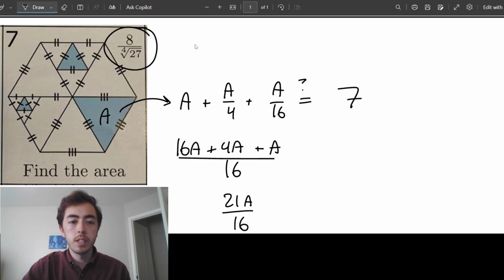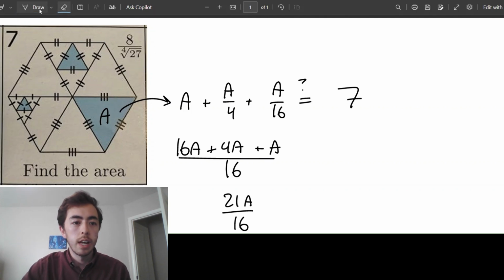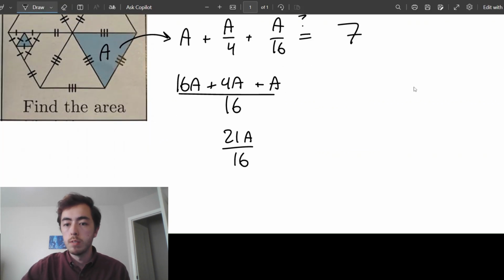So it looks like we need to use this value to somehow find the area of this triangle. And I'm assuming that it's this side length right here. So we should relate side lengths to areas of equilateral triangles. Let's take a look at an equilateral triangle.